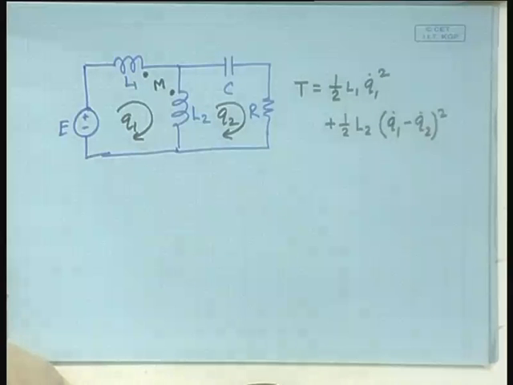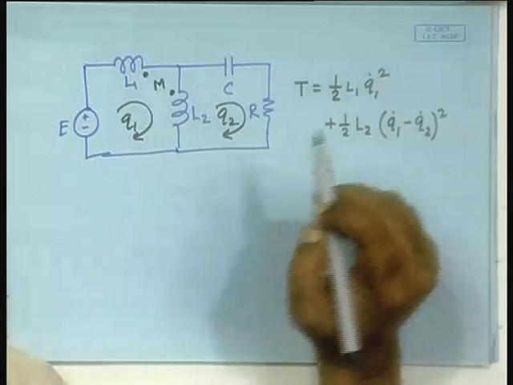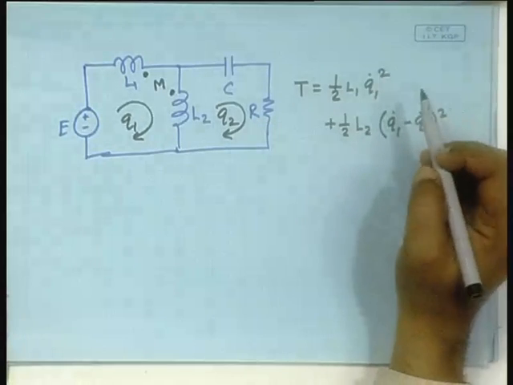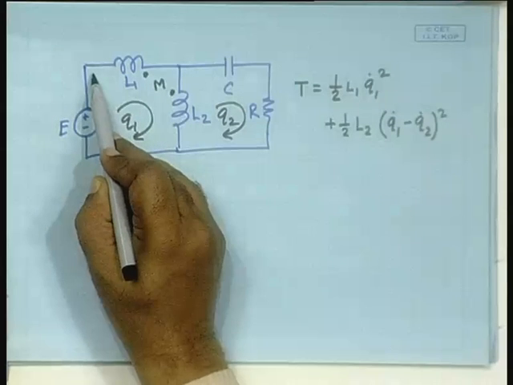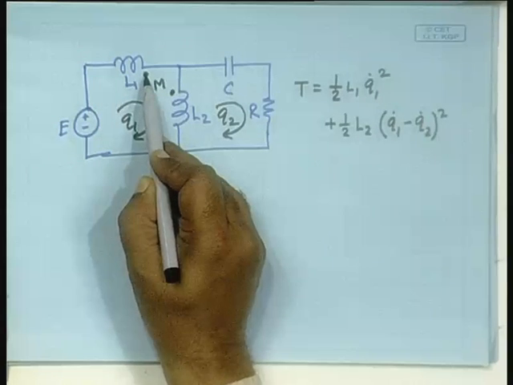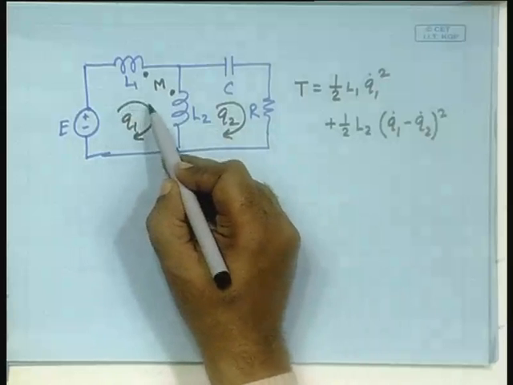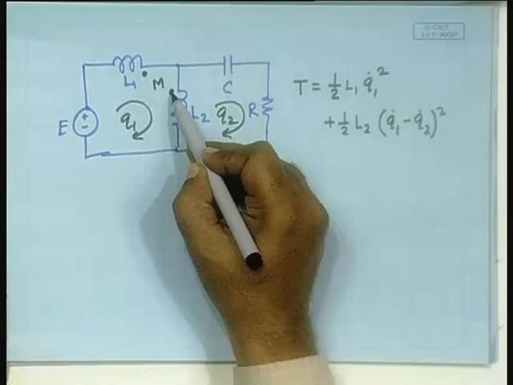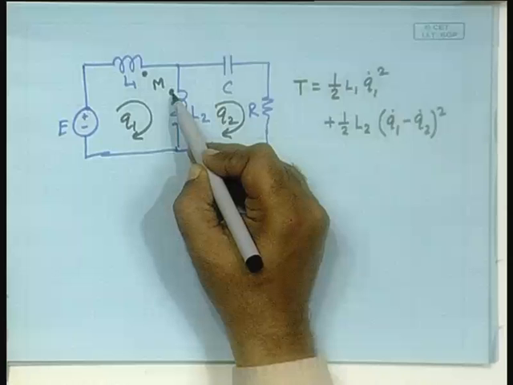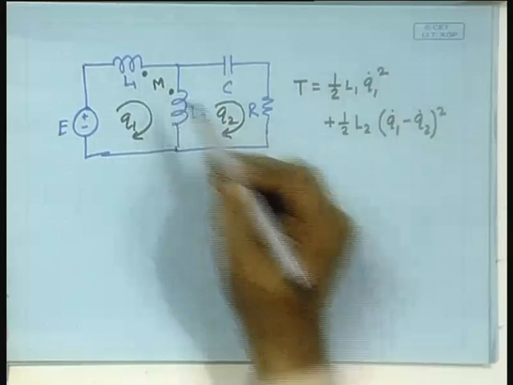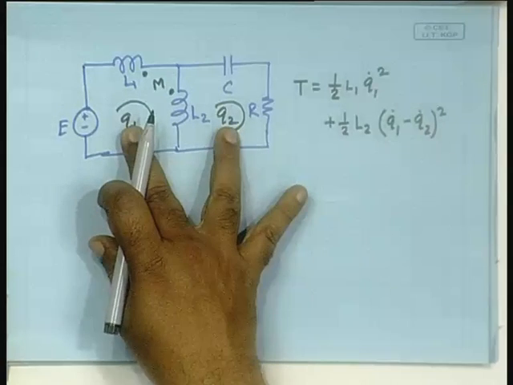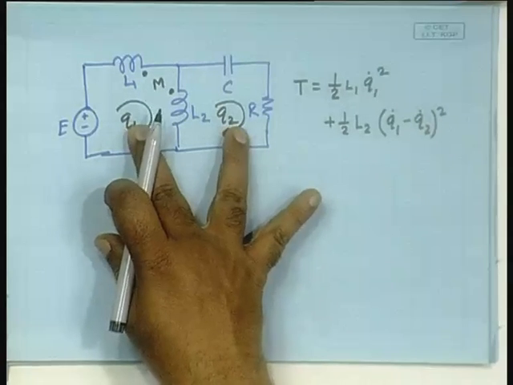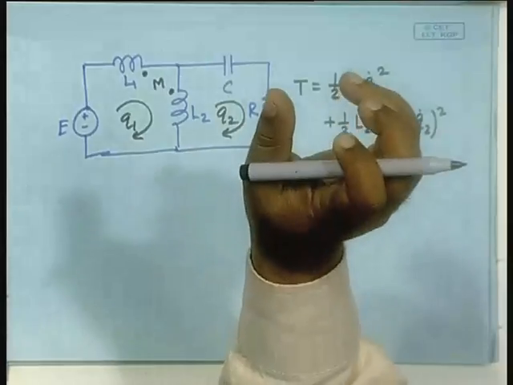Now, if the mutual inductance is additionally there, then due to Q1 the current is going out of this blob, and Q1 minus Q2 is going into the blob. So, how will we designate this? The additional energy stored in the inductor is half M I1 I2, you know that.